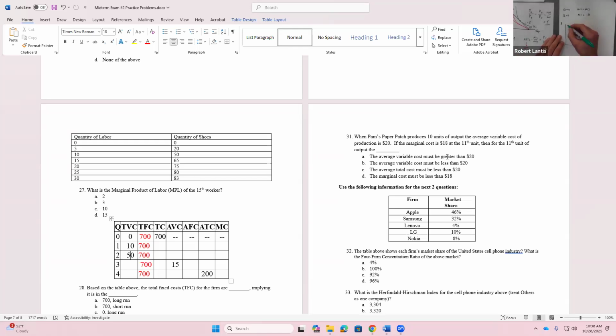Okay. Well, my average total cost will always have this kind of U shape to it. My average variable cost will also be U-shaped, but will be below my average total. Well, average total would be my average variable plus my average fixed. So we said not only is the average variable below, but what's happening to that gap? It's getting smaller.